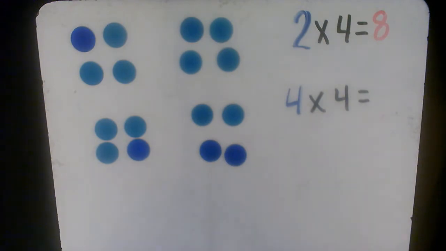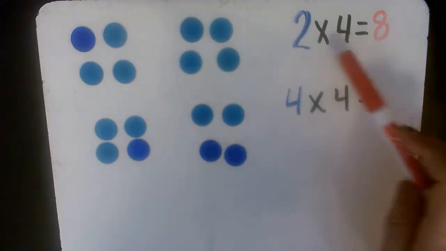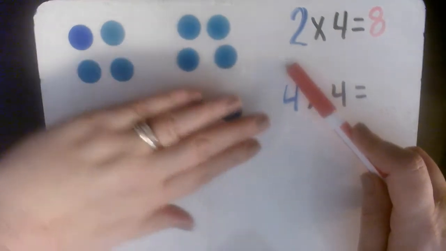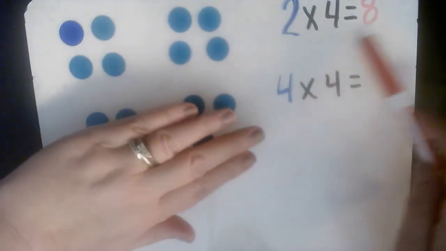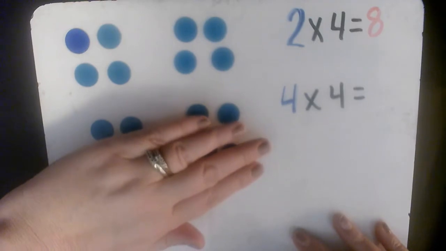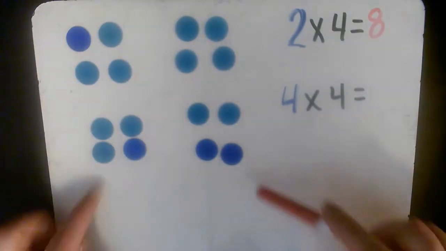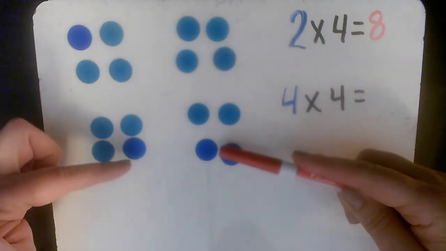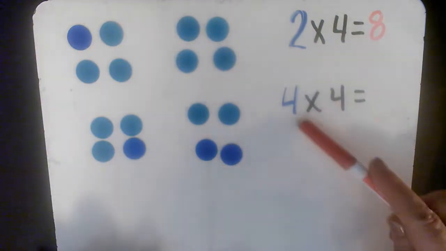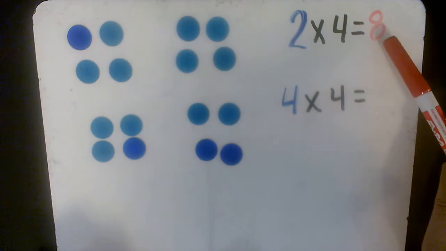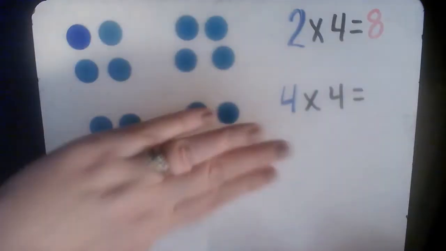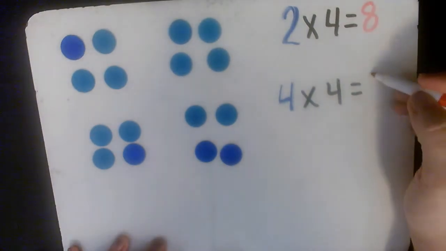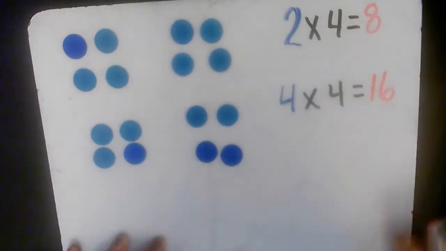And to get this answer, we are actually going to think about what I had when I only had 2 groups. I had 8. Well, I'm adding another 2 groups. So I'm taking this and I'm doubling it when I'm using 4. So now instead of 8, I have another 8 here. So we're going to double that 8, and our answer is 16.